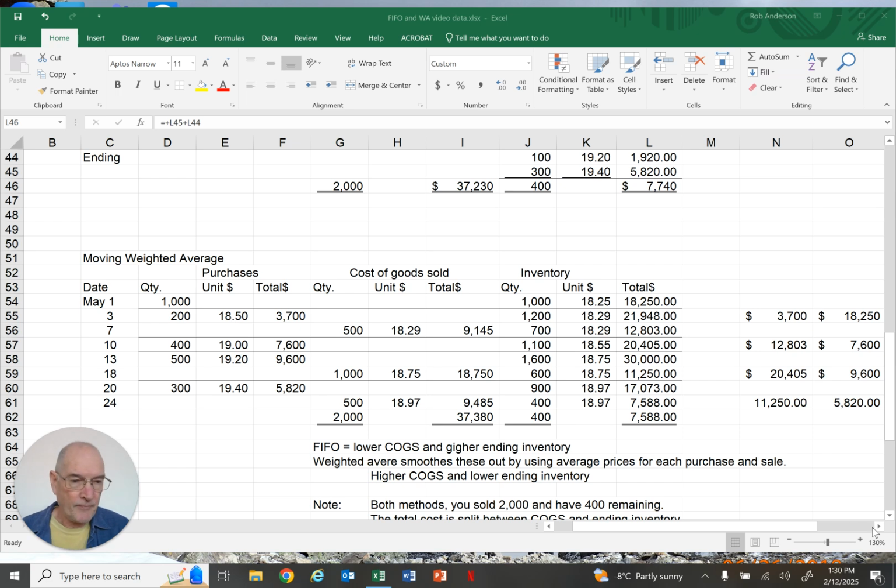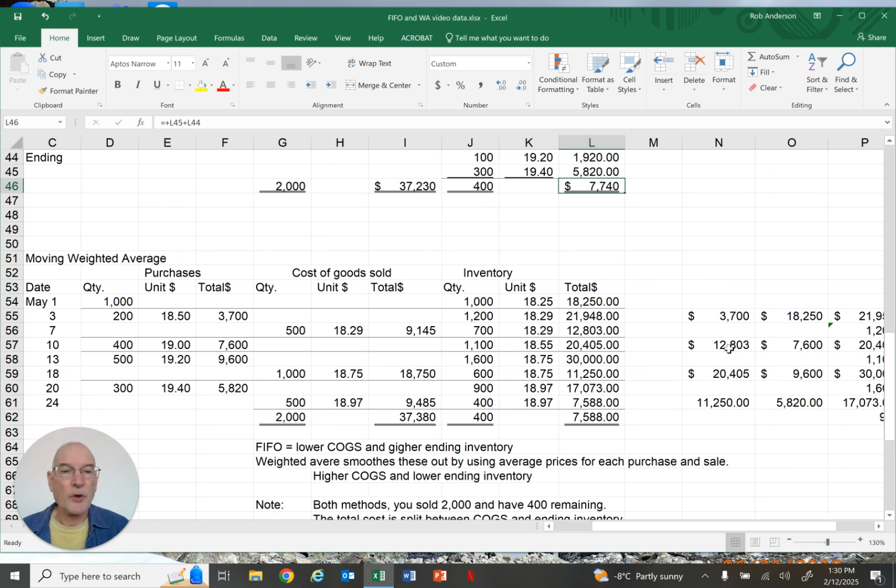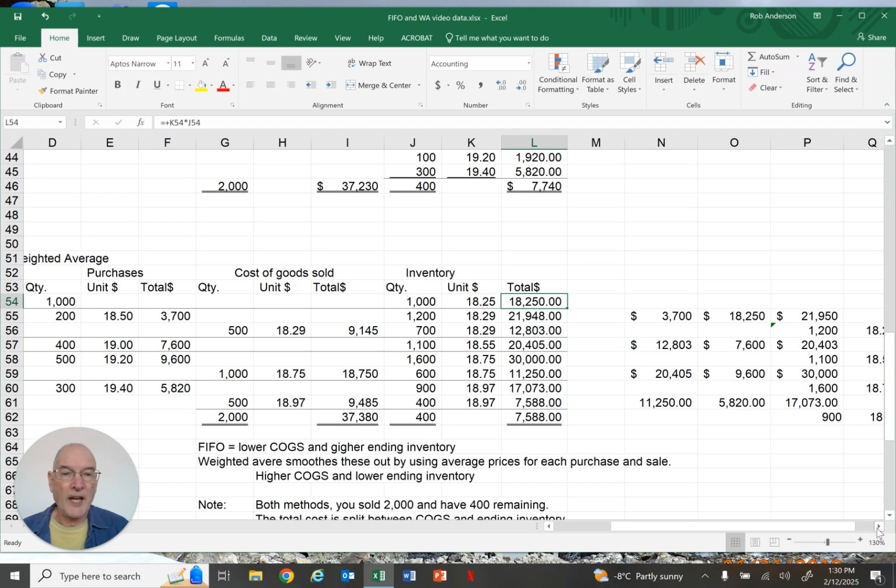Here's what we're going to do to calculate the weighted average. We're going to take the $3,700 that we just spent, and we're going to take the $18,250 that we had before, and add those two costs together to get our total cost. And now we have a total of 1,200 units.